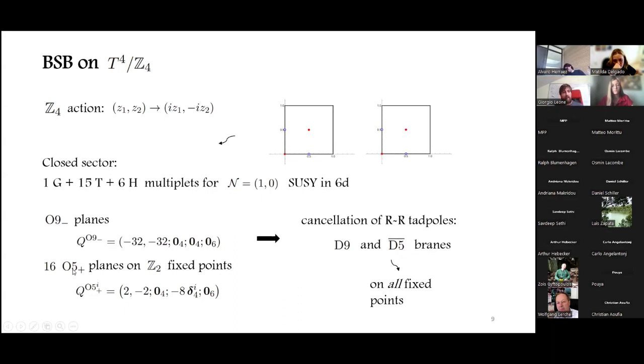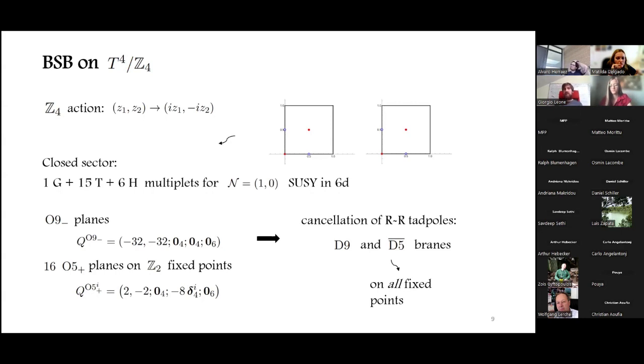This is given by the fact that the O5-plus planes, which are localized on the Z4 fixed points, now carry a non-trivial twisted charge. This means that in order to guarantee the consistency of the vacuum, we have to introduce anti-D-branes on the Z4 fixed points in order to neutralize the charge of the Orientifold planes locally.